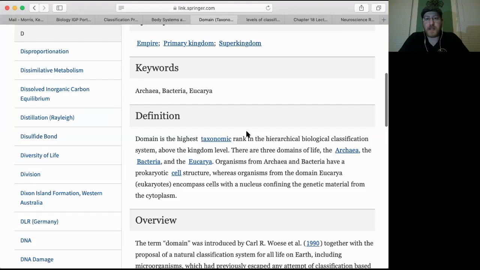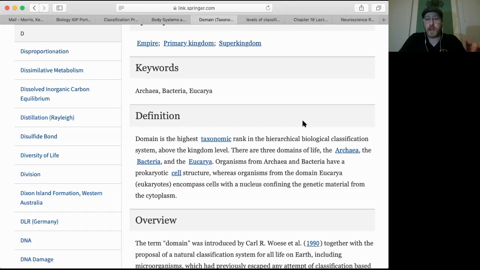Domain is the highest taxonomic rank in the hierarchical biological classification system, above even the kingdom level. There are 3 domains of life: archaea, bacteria, and eukarya. Organisms from archaea and bacteria have a prokaryotic cell structure. Remember the difference between prokaryotic and eukaryotic.